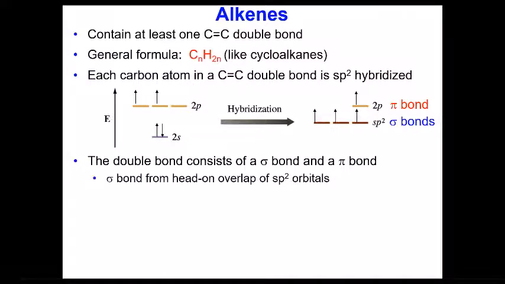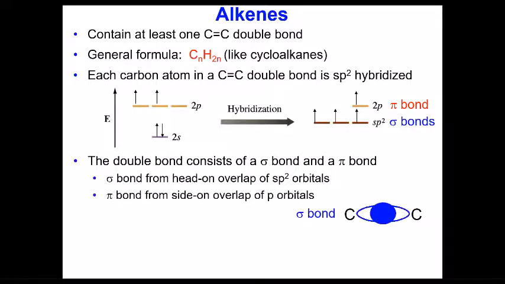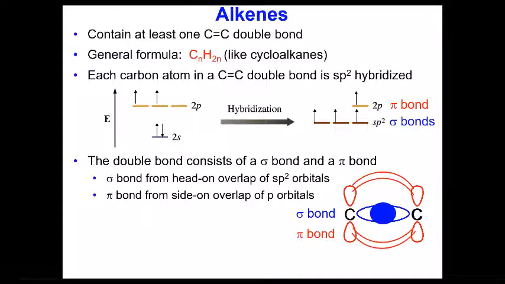The sigma bond comes from a head-on overlap of sp2 orbitals. And the pi bond comes from the side-on overlap of the p orbitals, like here. And then voila, there's your pi bond.